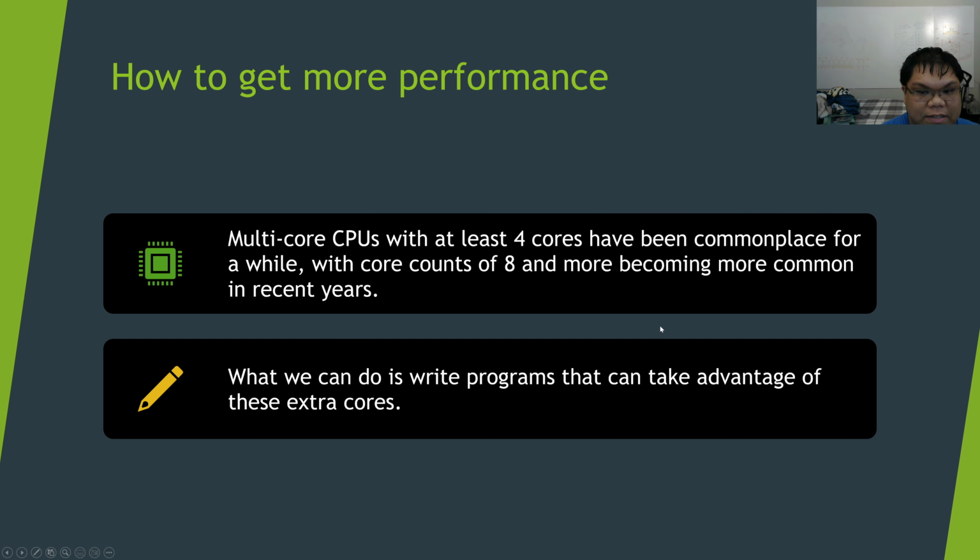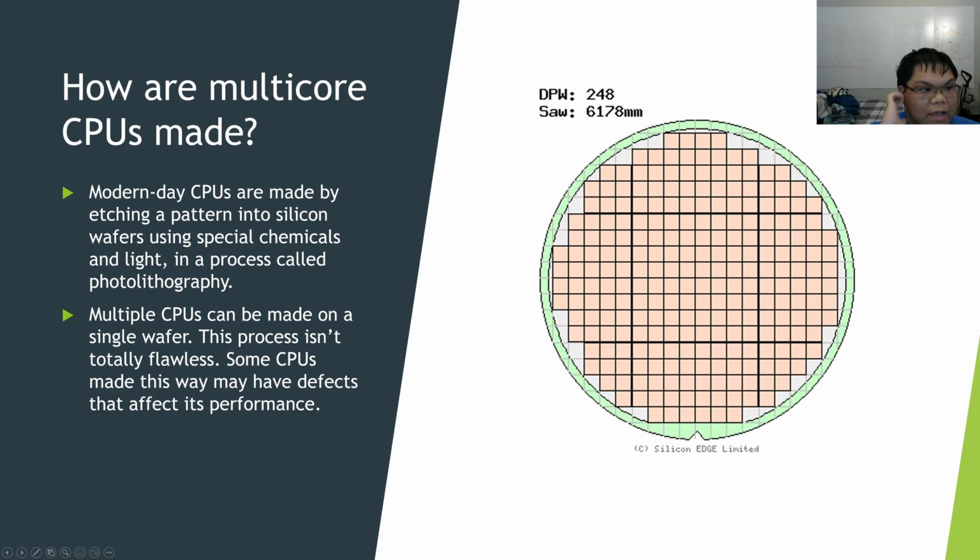So, where did these multi-core CPUs come from? How are they made? Well, they're made in the same process as any other CPU these days. Modern day CPUs are made by using a process called photolithography. Photo meaning light, lithos meaning stone, and graphos meaning writing.